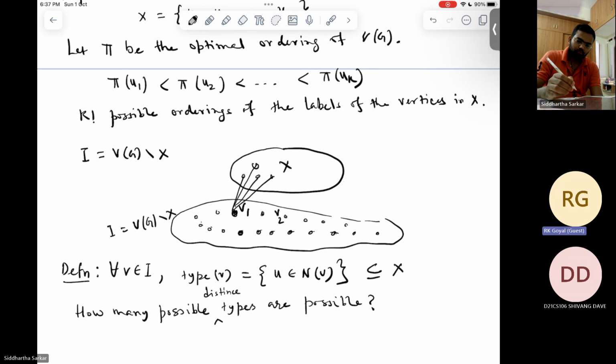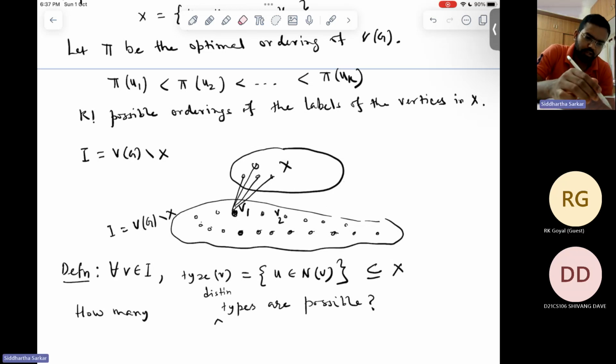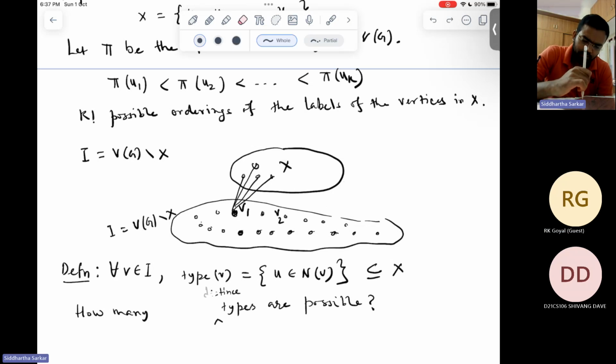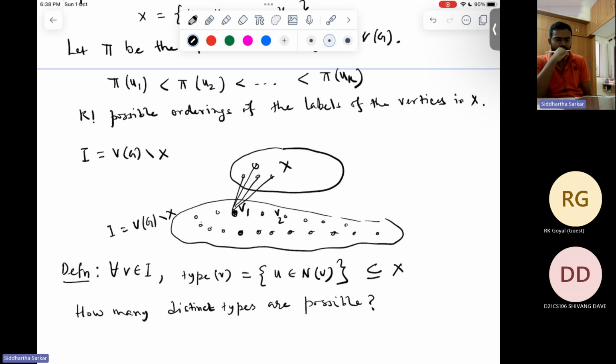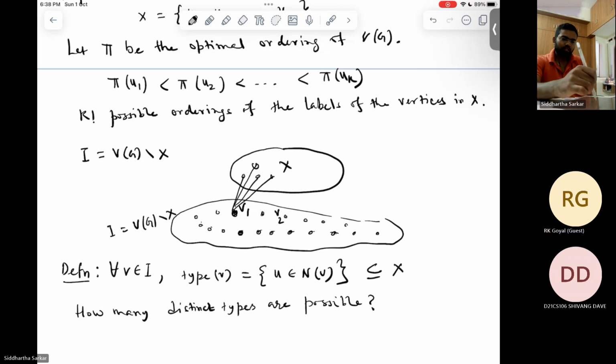One vertex can map to all the elements of the set X. That is true. But how many distinct types are possible? Any subset of X is a possible type, isn't it? Yes. So the number of possible types is nothing but the number of possible subsets of X, isn't it? Right, 2 raised to the power k. Yes, exactly. Is that right, Shivang?